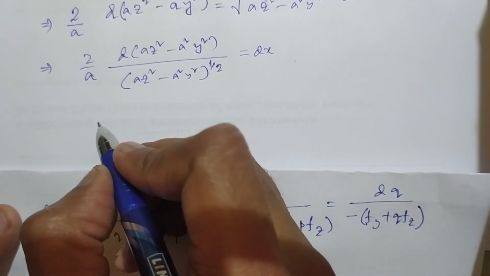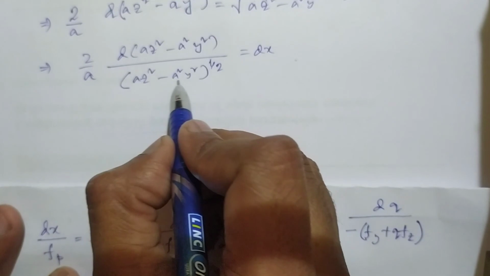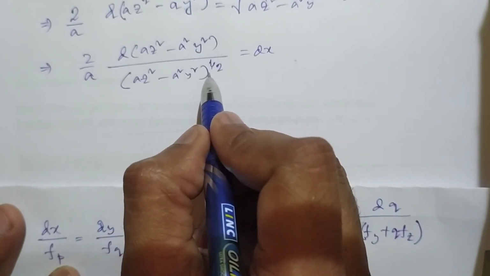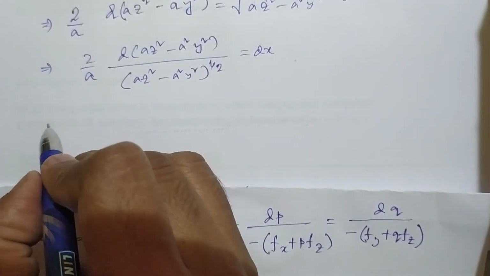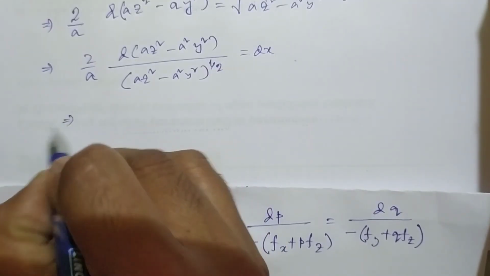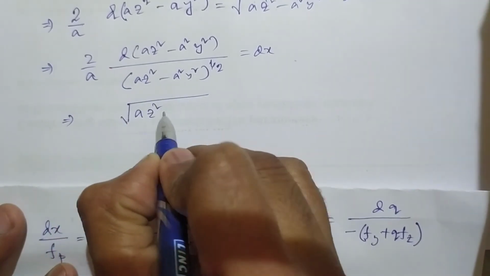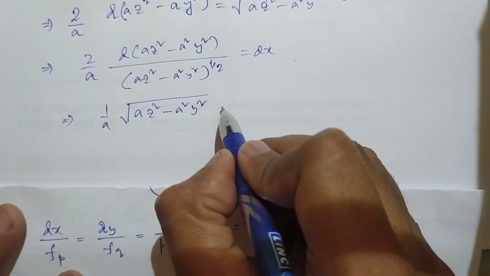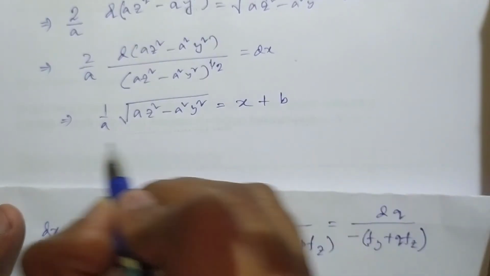and hence we have the solution as follows. This is a half, so it will be a half, and the 1/2 will be coming down, crossing this 2. So integrating, the result is simply √(az² − a²y²) times 1/a is equal to x plus another arbitrary constant.